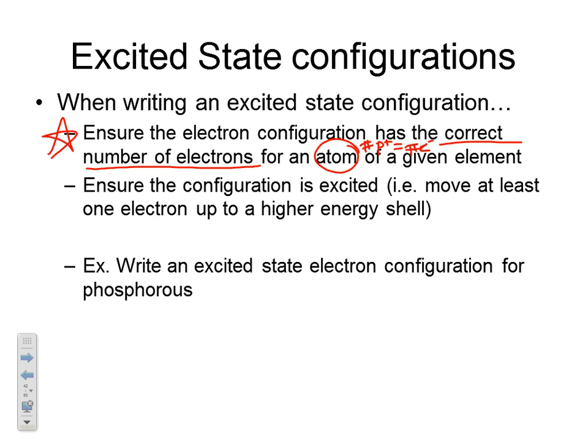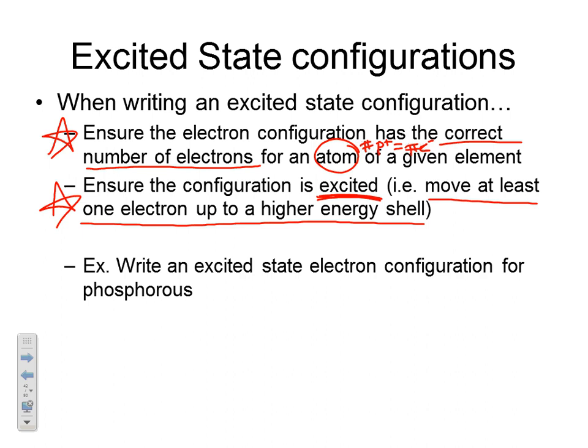And then the next thing you want to do if you're writing an excited state configuration is to ensure that it is in fact an excited state, i.e. move at least 1 electron up to a higher energy shell than it exists in the ground state, and use your periodic table to get the ground state configuration and then simply make it an excited state configuration. So for example, a perfectly valid test question would be: write an excited state electron configuration for phosphorus.